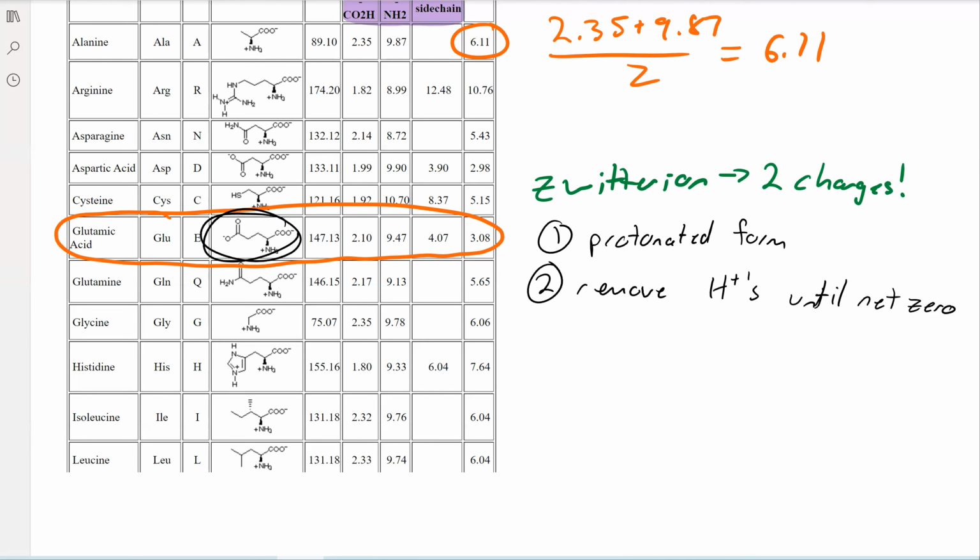So I'm going to redraw this compound as protonated, right? So I'm going to take that carboxylic acid, protonate it, and then the nitrogen will be protonated, so it'll be NH3 with a positive charge.